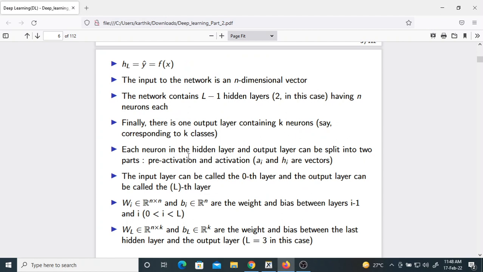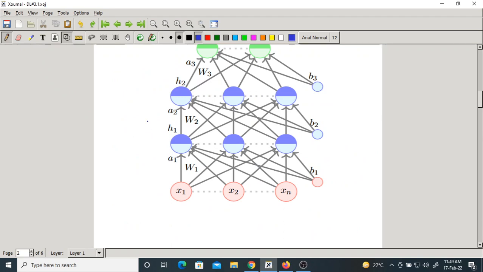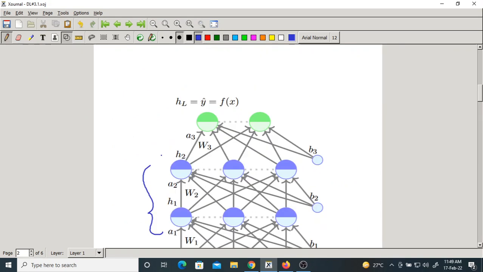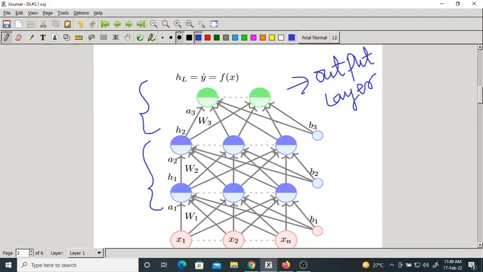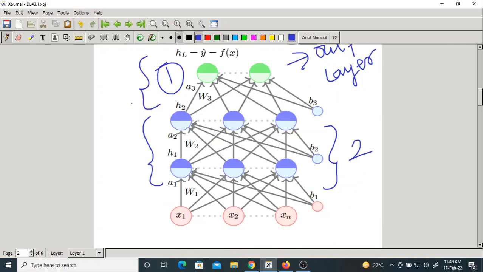Next. Each neuron in the hidden layer and output layer can be split into 2 parts, pre-activation and activation. Okay. So each neuron in the hidden layers, 2 of them, and the 1 output layer, is split into 2 parts.